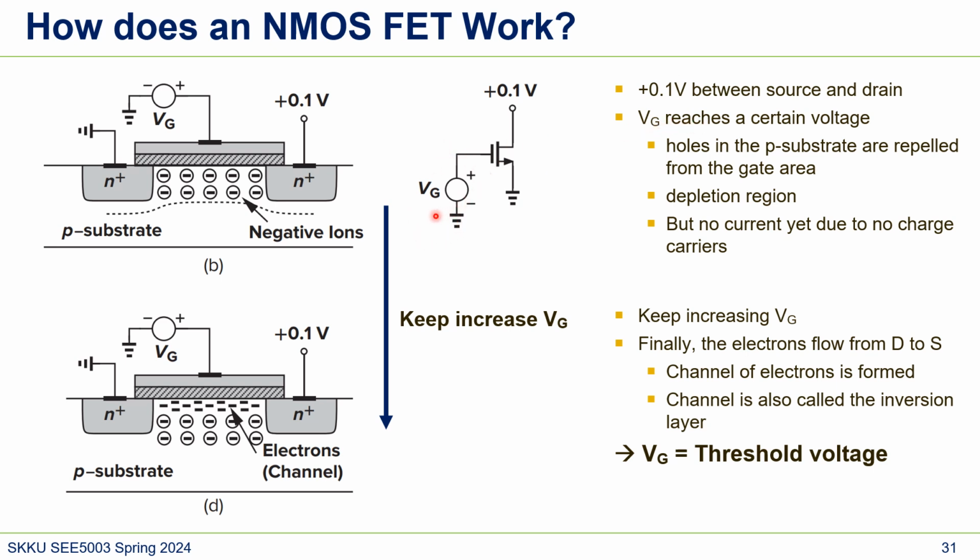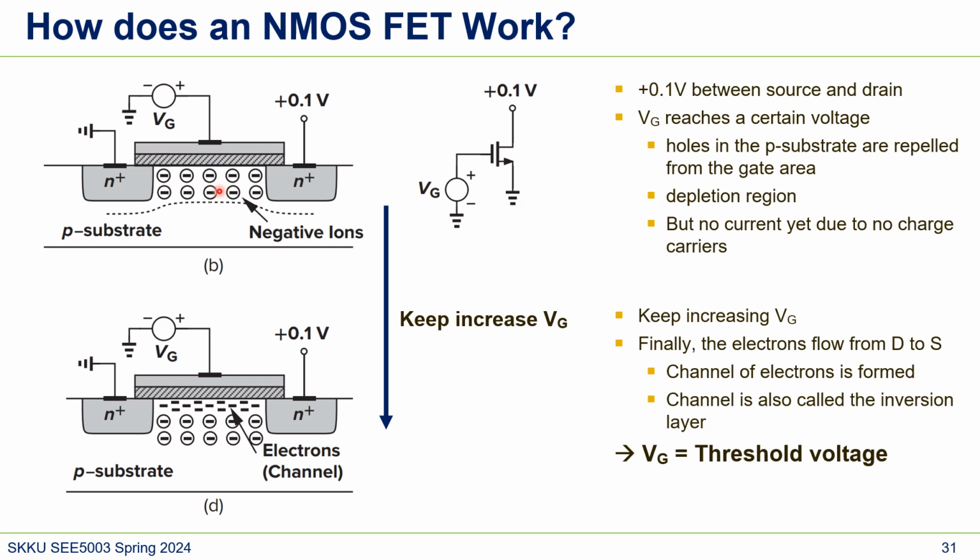And then we start to increase VG. When VG reaches a certain voltage, holes in the P substrate, this area, are repelled from the gate area. The polarity of holes is positive, so since holes are repelled in this area, the sign is negative.